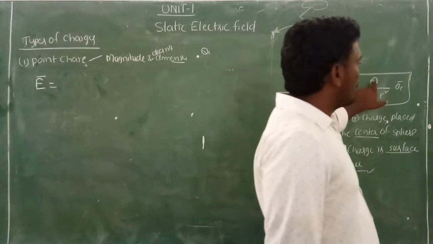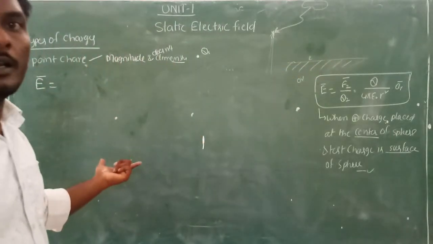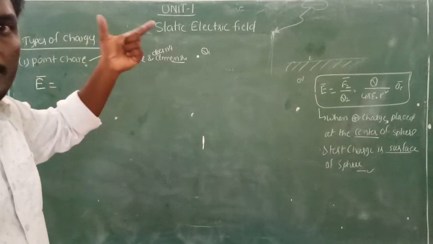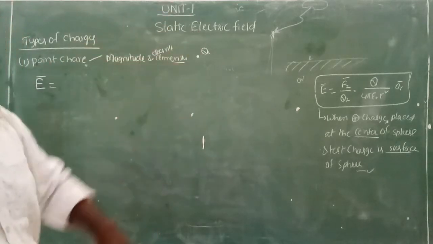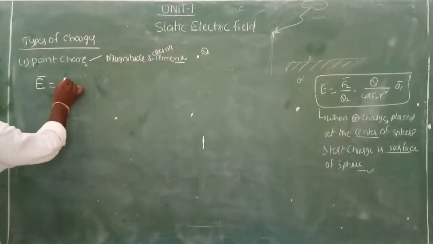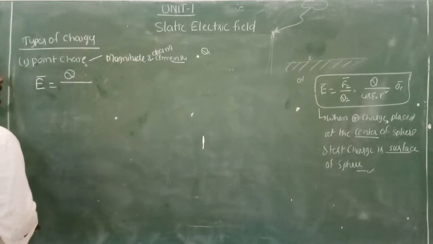Is it due to a point charge or any other charge? It is my point charge only, placed at the center of the sphere, and the test charge is on the surface of the sphere.